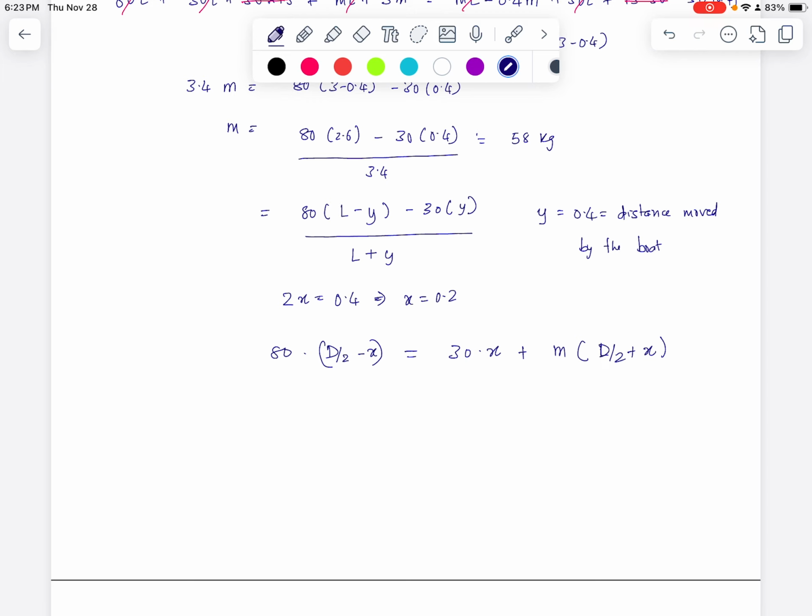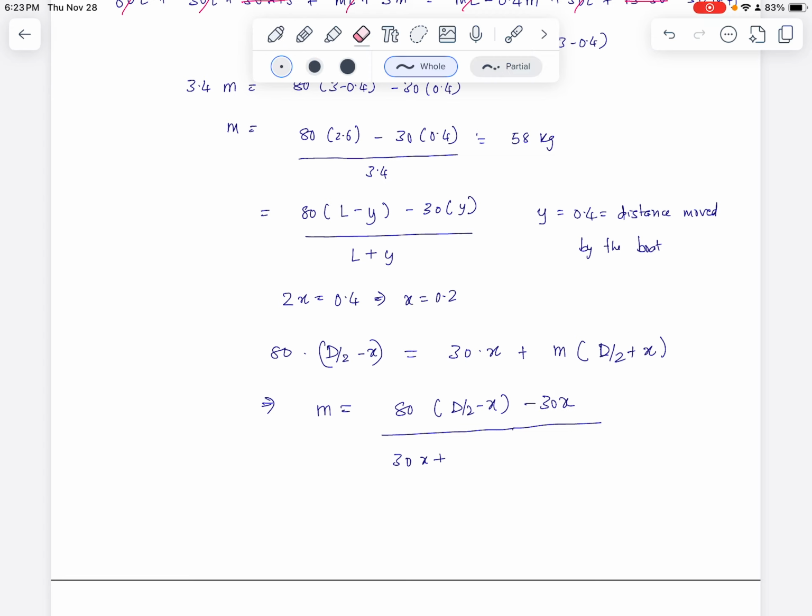Okay, so what we do here is that we rearrange this to find m equals 80 times D divided by 2 minus x, minus 30x, divided by D divided by 2 plus x.